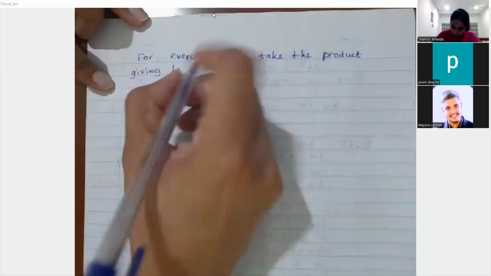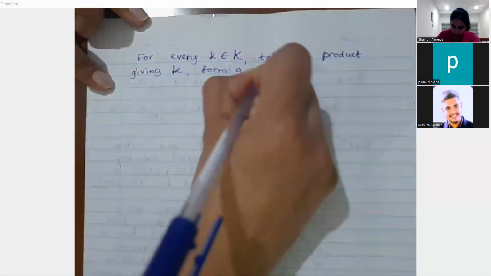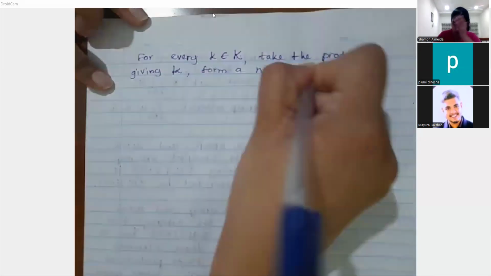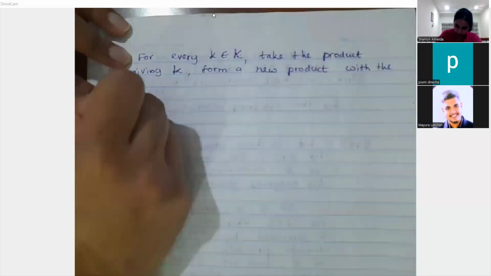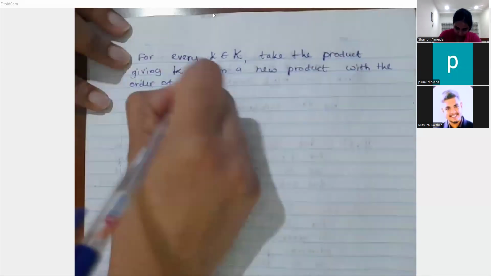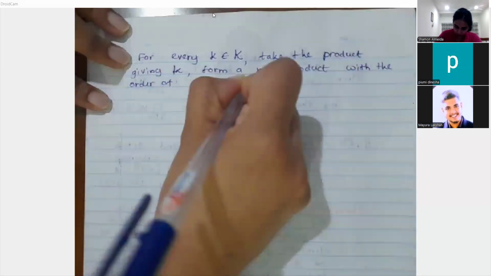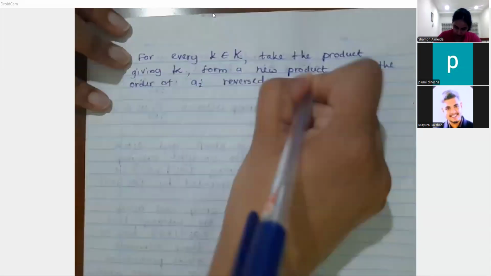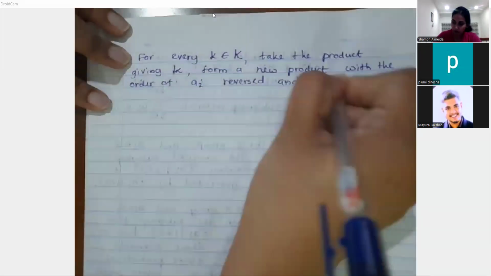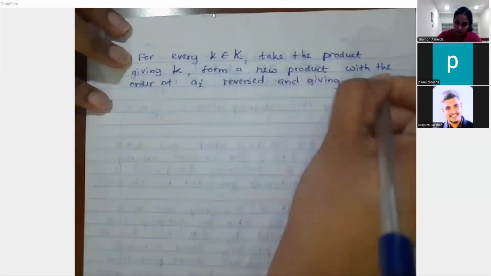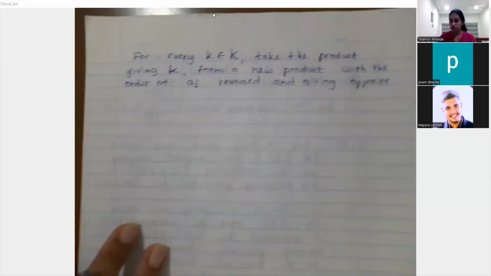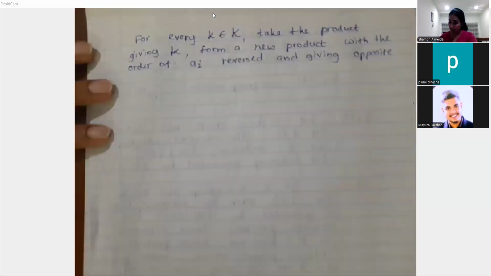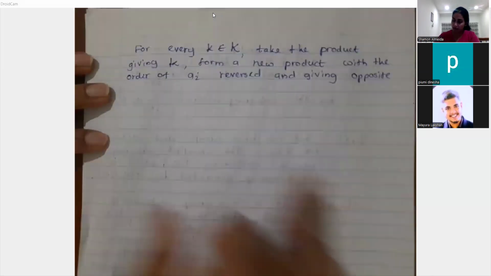Form a new product with the order of the a_i reversed and giving opposite sign on all these exponents, all the powers.